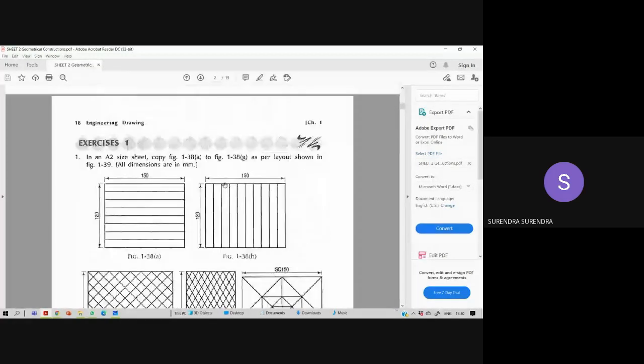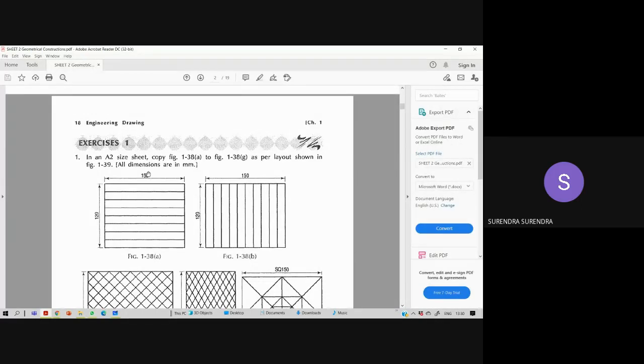So in this, the first figure is simply drawing horizontal lines. So here my main intention is by use of drafter only complete this figure, and to make you practice dimensioning. Observe how the dimensions are there. Follow the same, just redraw this figure.